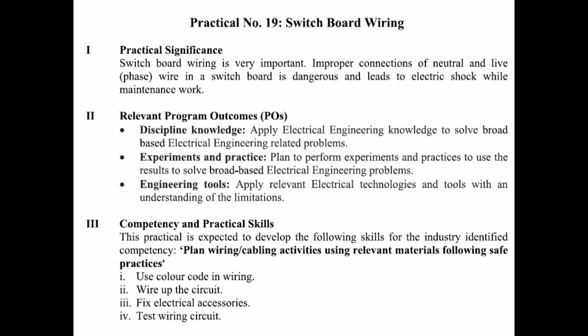Next, third, competency and practical skills. By performing this practical number 19, we are looking at which types of skills we are going to generate. This practical is expected to develop the following skills for the industry. The identified competency is to plan wiring or cabling activities using relevant material and following safe practices.